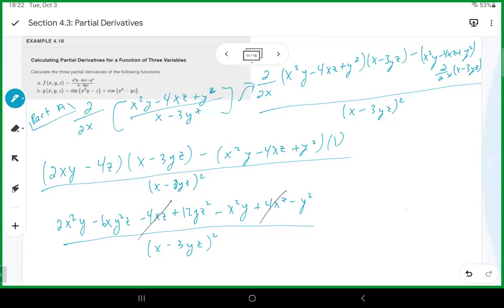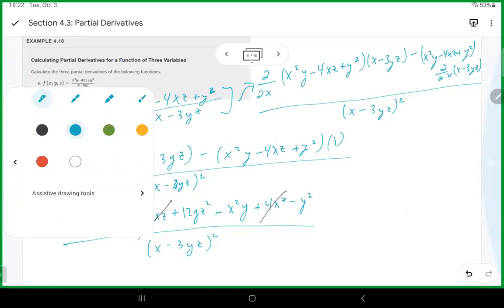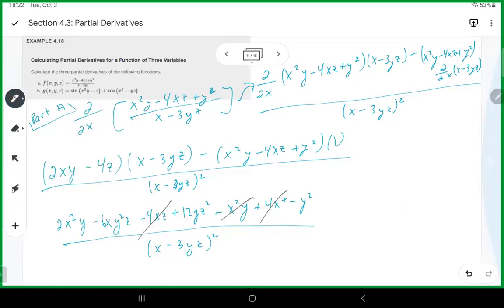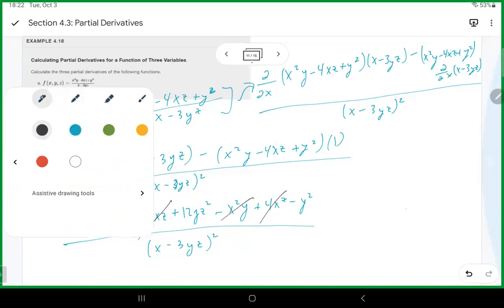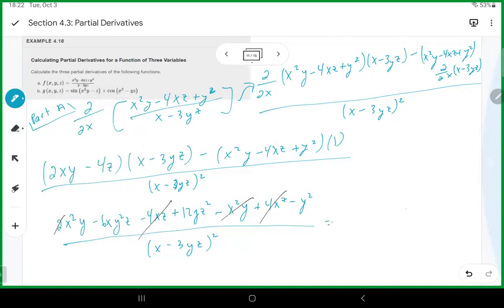And then we can take away this. So we end up with x squared y minus 6xy squared z plus 12yz squared minus y squared.